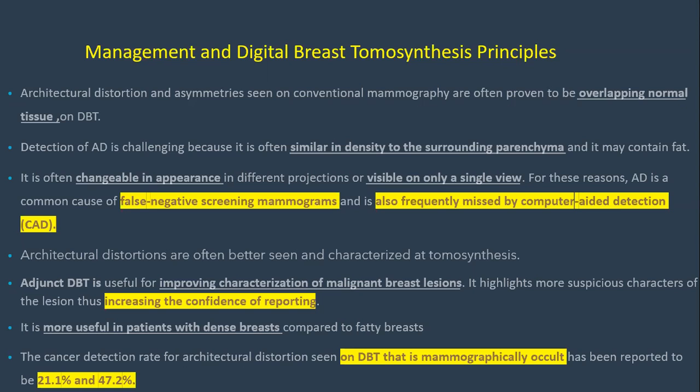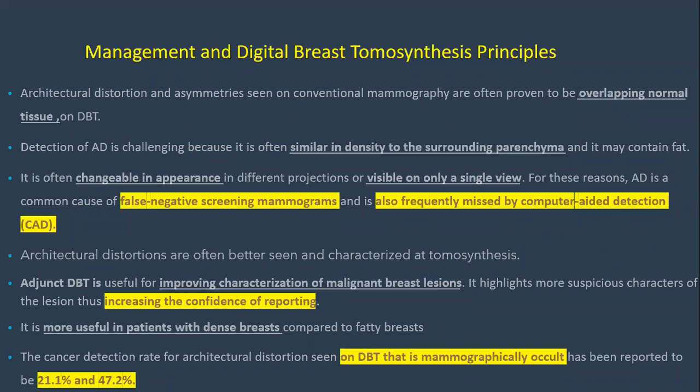The architectural distortion demonstrates an underlying spiculated mass, and confidently we can report it as BI-RADS 5 since it is spiculated. In 2D, we reported it as BI-RADS 4, B or C, but after tomosynthesis, we report it as BI-RADS 5. So it is more useful in patients having dense breasts rather than fatty breasts.